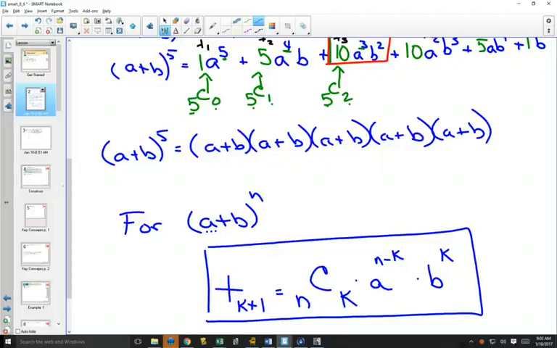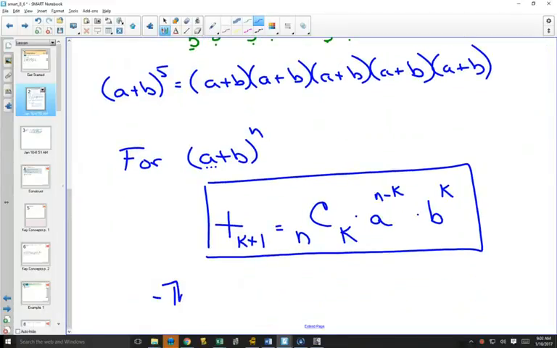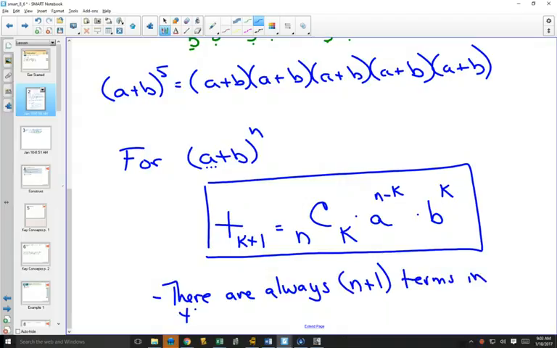Some other important observations that we can make from our binomial expansion and from this formula. There are always n plus 1 terms in the expansion.